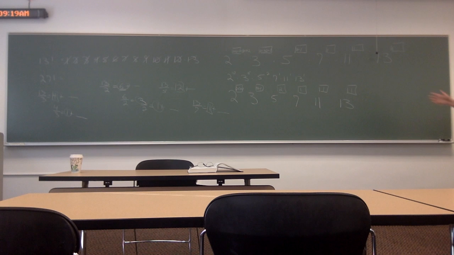Since the second technique is going to be more useful for Michelle's second question, which I think was number 12, let me stick to the second technique. So, any questions on the prime factorization of 13 factorial?